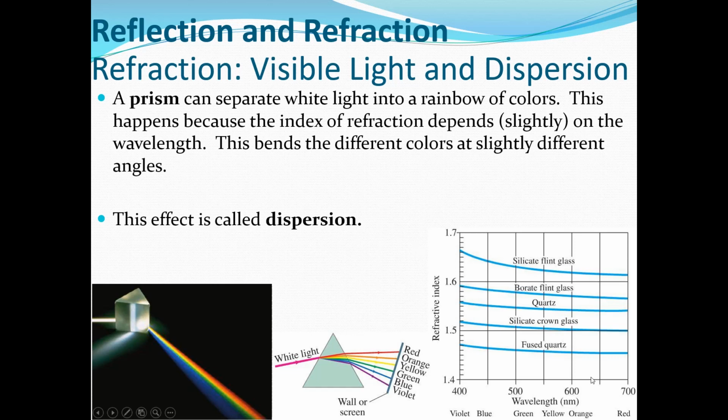This is just an example of how the wavelengths change and how that affects the refractive index. So here you can see that for red light, the index of refraction doesn't really change too much until we get to the slightly higher, or lower wavelength. Sorry, I keep thinking of frequencies. The higher frequency lights, like blue and violet, will start to refract a lot more.